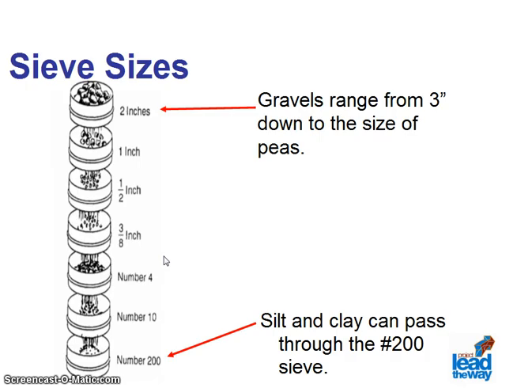In order to determine grain size, soil sample particles are sorted by size. This is accomplished by shaking the particles through a series of sieves. Gravels, the particles of largest diameter, range from approximately 3 inches down to the size of a pea.